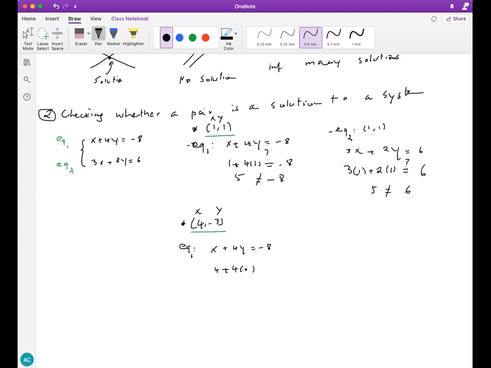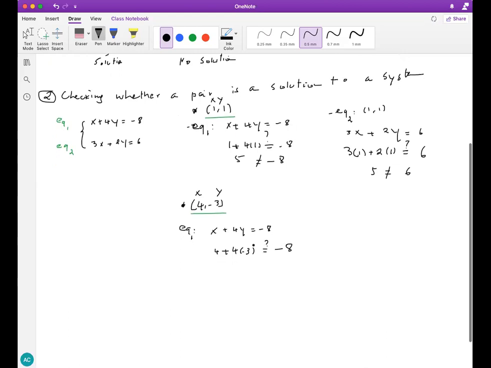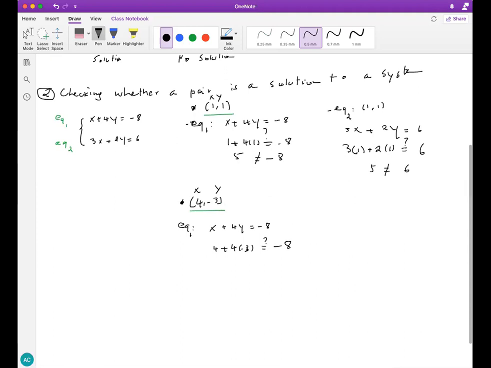Y is negative 3. Again, we need to check. We don't know yet, so we're going to see if this works. We have 4 here, plus 4 times negative 3, that's negative 12. Positive 4 times negative 3 is negative 12.